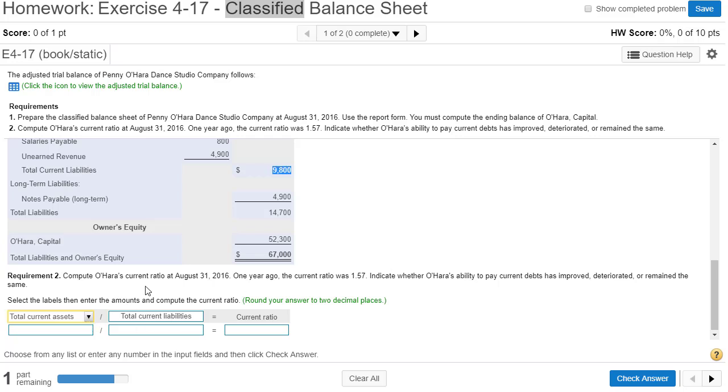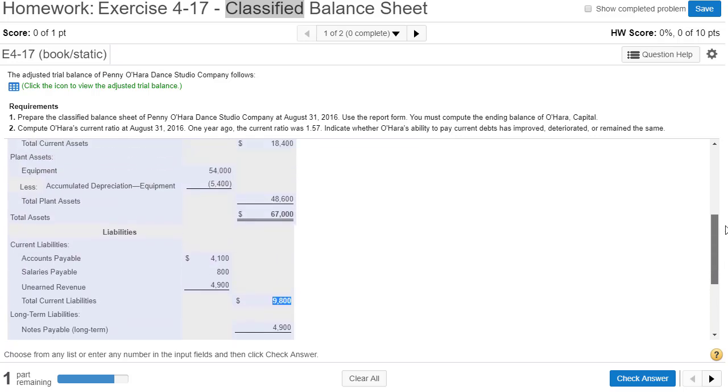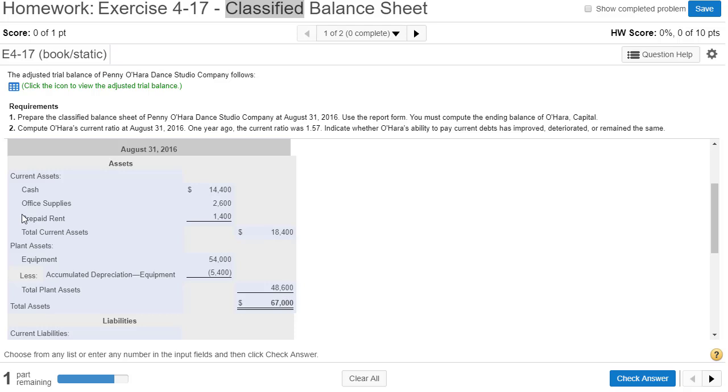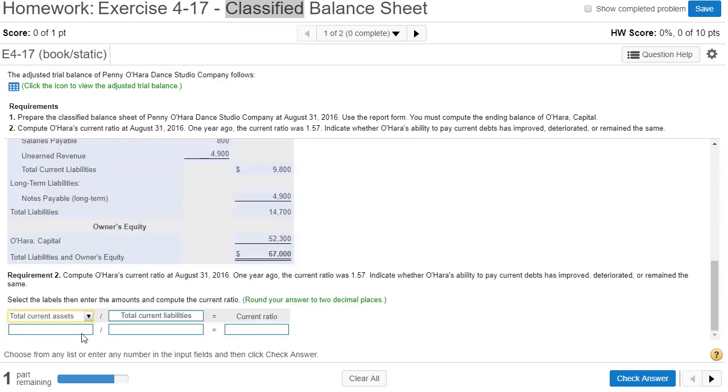So let's plug in total current assets. To get that, we're going to scroll up. Total current assets are right here. So we've got $18,400. And now we need total current liabilities, $9,800.